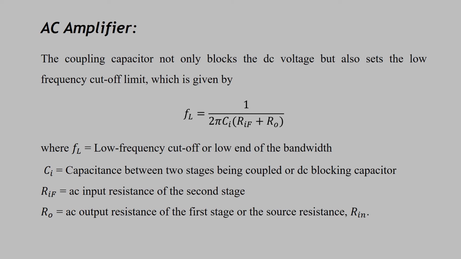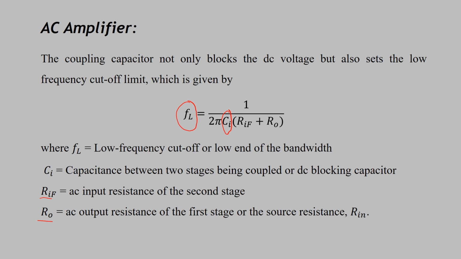We here see that FL, the low frequency cutoff or low end of bandwidth, is equal to 1 upon 2 pi Ci into Rif plus Ro, where Ci is the capacitance between the two stages being coupled, or the DC blocking capacitor. Rif is the AC input resistance of the second stage, which is now the op-amp, and Ro is the AC output resistance of the first stage or source resistance.